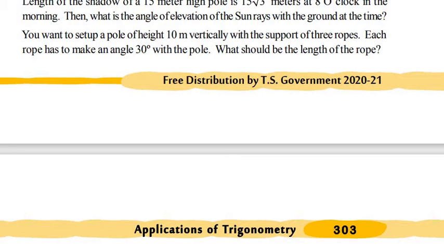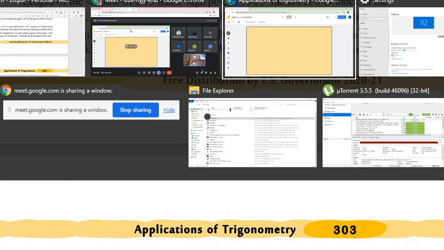Generally in Hyderabad we do not see, but in villages we see. Can you make it stand vertically without any support? You have to tie some supports, strongly. So how many wires did they keep? 3 wires for one pole.